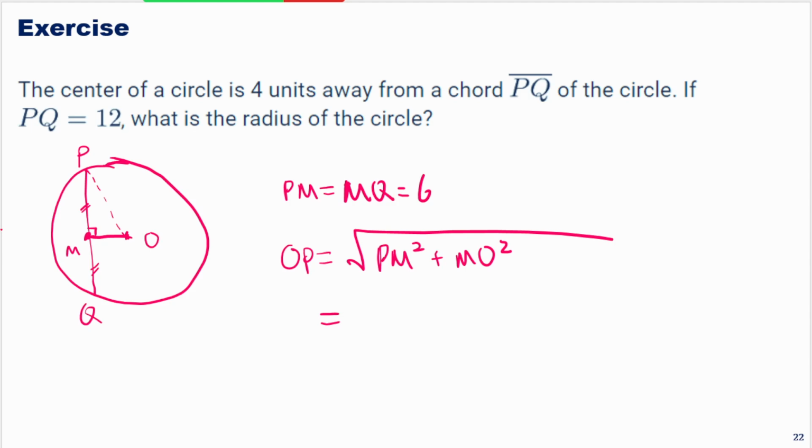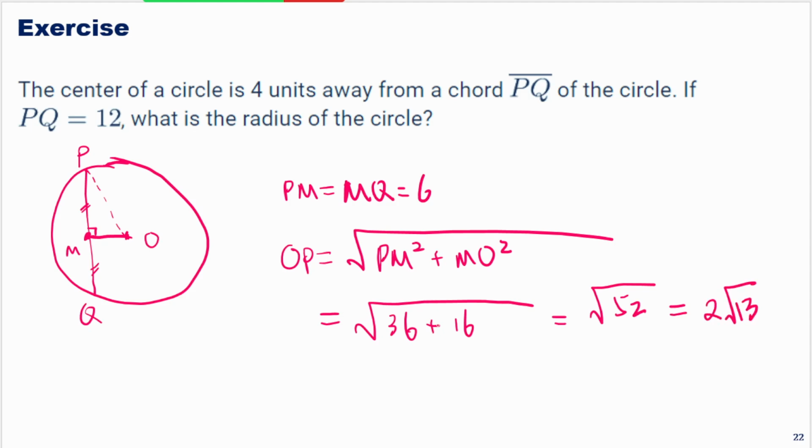Well, MO is the distance between O and PQ, right? Then that gives us the square root of 36 plus 16, which is the square root of 52, and we simplify this to 2 square root of 13, right?